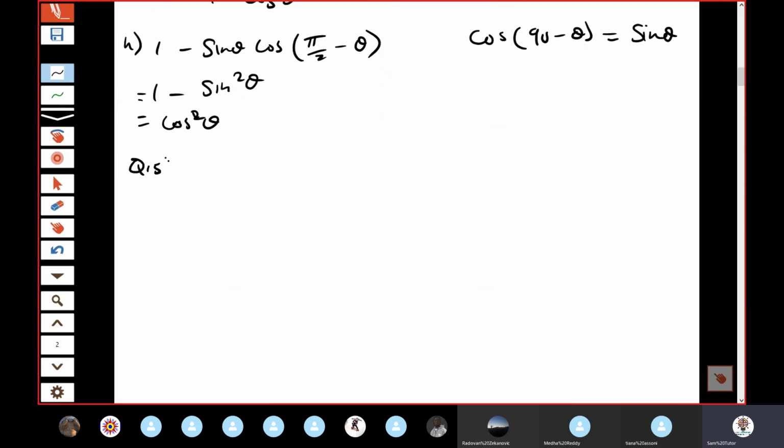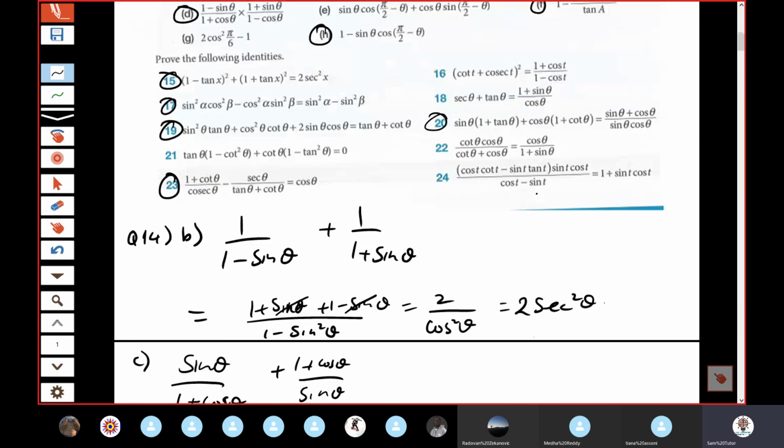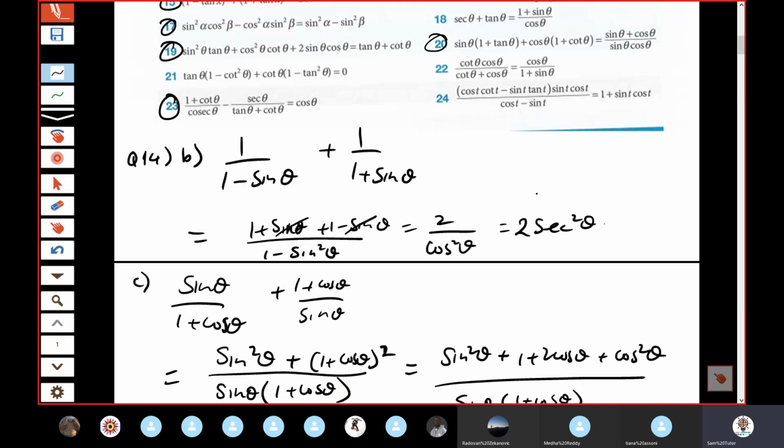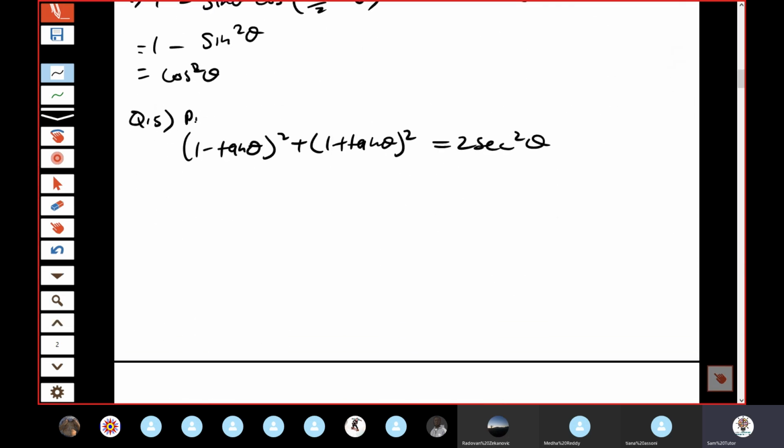Question 15: one minus tan theta squared plus one plus tan theta squared equals two sec squared theta, is that what he said? Yep. Okay, it's a proof question now, so at least you know the answer. You start with your left hand side. Expand. Good luck, I'll leave that with you guys.